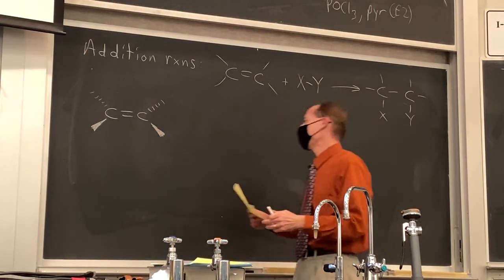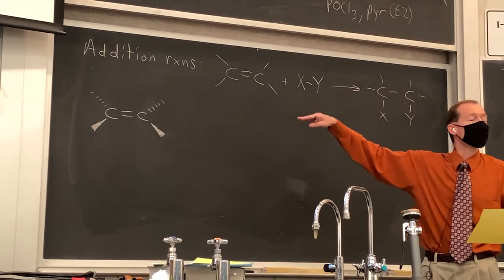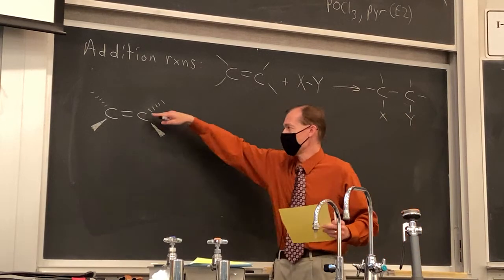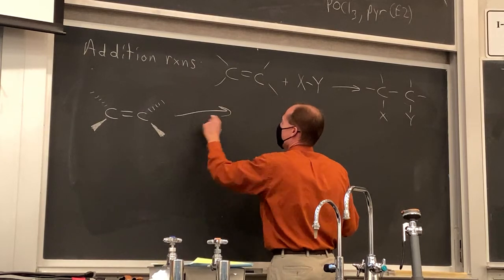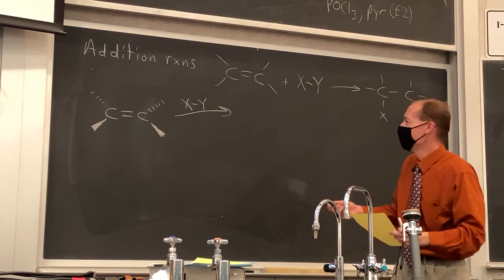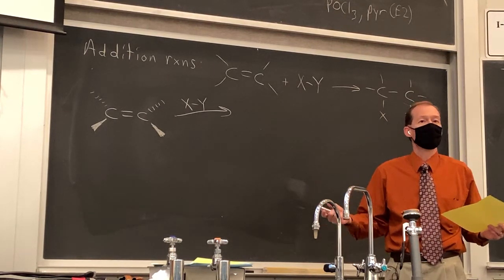But with the wedges and dashes, what I've done is drawn the alkene perpendicular to the board. Okay, so it's perpendicular to the board. And so when we react X and Y, when we add X and Y across the double bond, one of two things can happen.